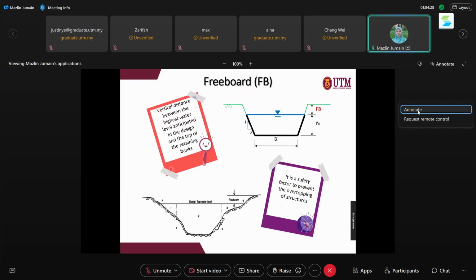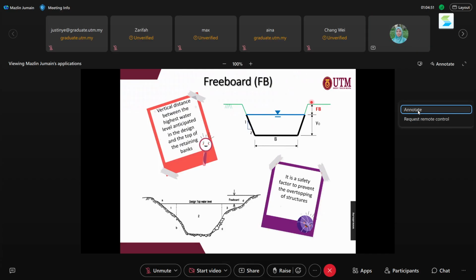And then next we have freeboard. Like I mentioned tadi, freeboard is a vertical distance between the highest water level, or here we call it the water surface, to the top of the bank, retaining bank ataupun the channel section.